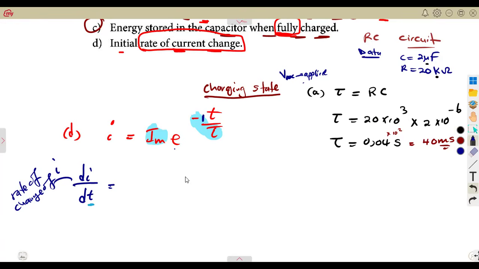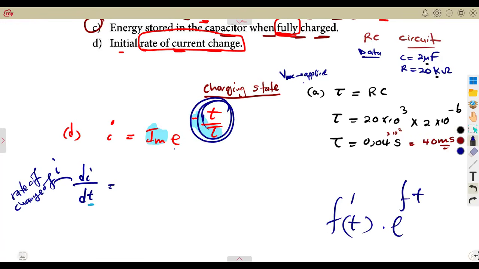So the question is, how do you differentiate t? Remember, it's supposed to be the first derivative of this t that we are given, times e to the exponent of that f of t. That's how you can differentiate e to the exponent of f of t. You need this. So what is the derivative here of minus t over tau?